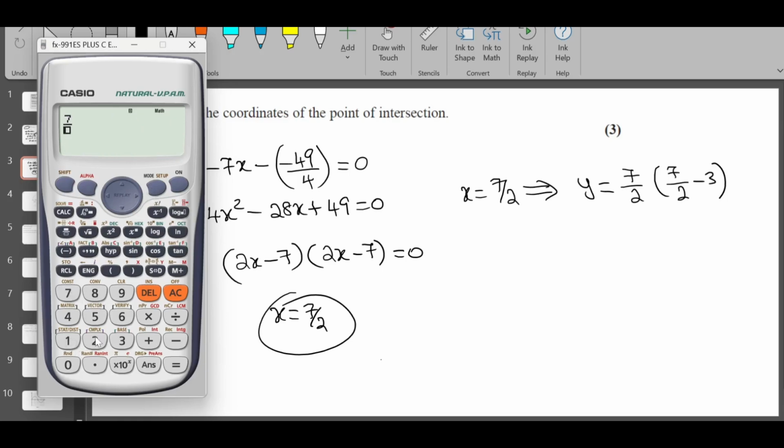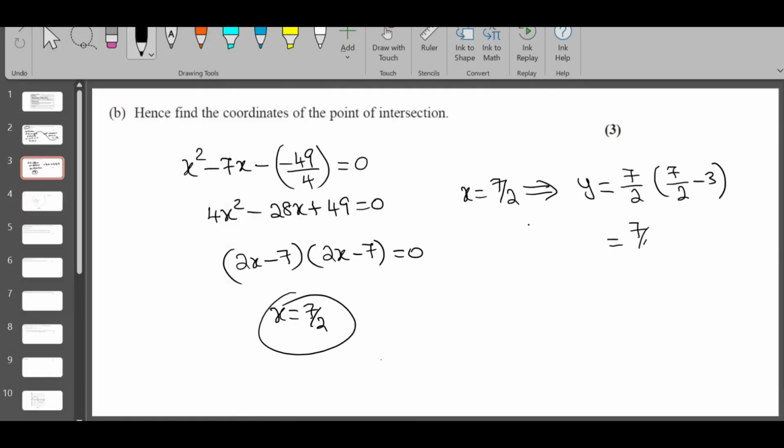So it's 7 over 2 times 7 minus 6 is 1 over 2, which is 7 over 4. Therefore, the point of intersection is (7 over 2, 7 over 4). That's the x and y coordinates of the point of intersection.